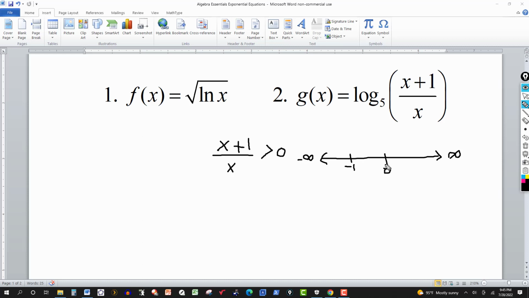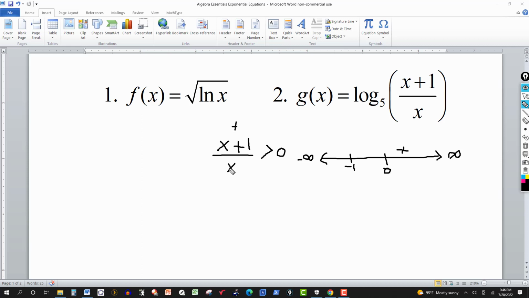Just pick any number larger than 0. Say 1. Put a 1 where the x is. 1 plus 1 is positive, and 1 in the denominator is positive. Positive over positive is a positive. Between -1 and 0, we're going to pick -1/2. So I put -1/2 where the x is in the numerator. That quantity is going to be positive.